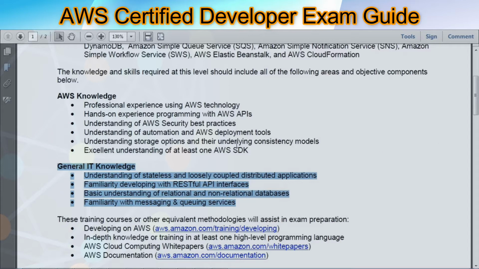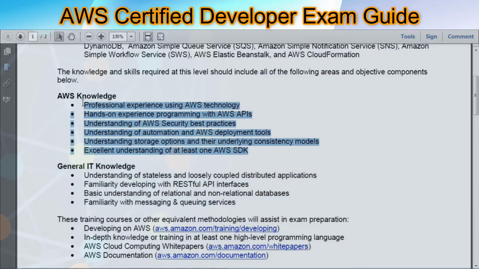In addition to general IT knowledge, there's some prerequisite recommended knowledge of AWS in general. What they're looking for in prepping for sitting for the exam is professional level experience with AWS technology, some hands-on experience programming with the APIs, an understanding of AWS security best practices, and I'll point you to a couple of white papers I think will give you a good foundation for how to prep on that front. An understanding of automation and AWS deployment tools.